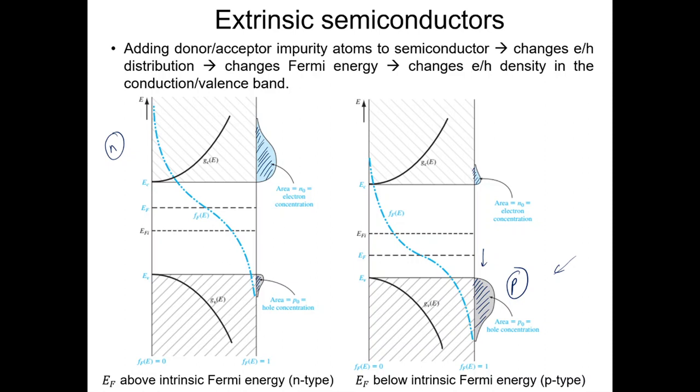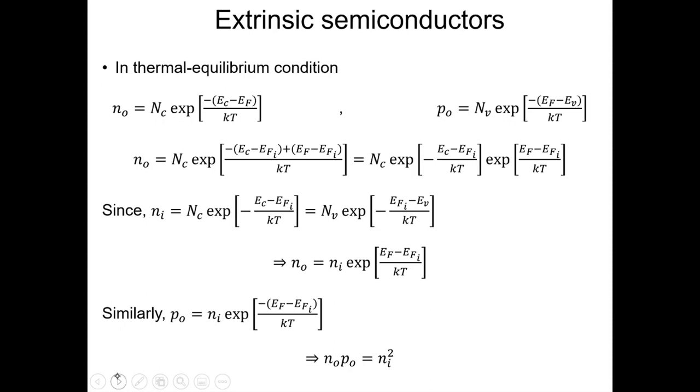Similarly, for the N-type semiconductor, as I said, the hole concentration will go down. That is because if the Fermi level has shifted closer to the conduction band, this tail would cause a lower magnitude when you take a product of the Fermi function with the density of states, and therefore this area under the curve will go down. Okay, so we can do this maths.